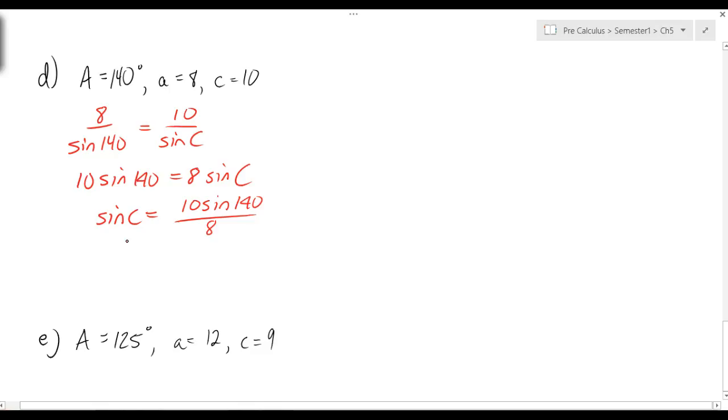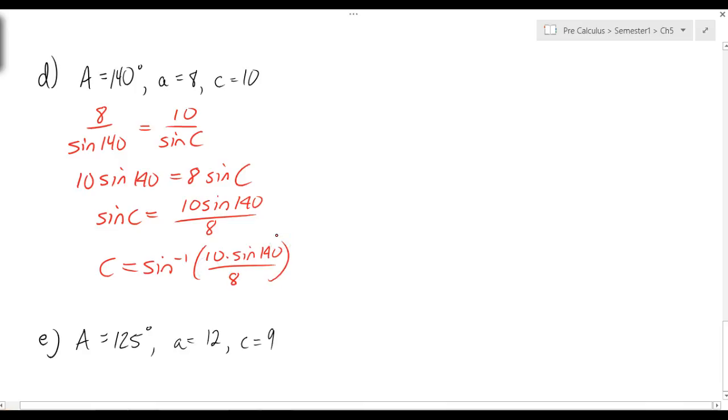Actually, we're going to take the inverse sine. We're going to say C is the inverse sine of 10 times the sine of 140 divided by 8.